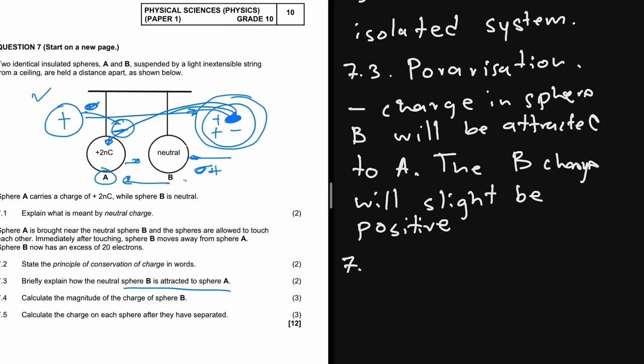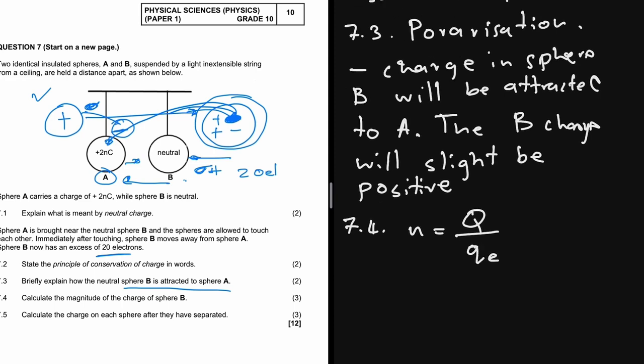So now 7.4, they say calculate the magnitude of the charge of sphere B. Remember, on sphere B, they said it has an excess of 20 electrons. If we have the number of electrons, we can calculate the charge: the number of electrons is the charge divided by the amount of charge in one electron.